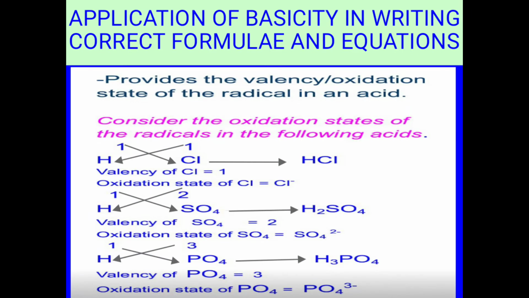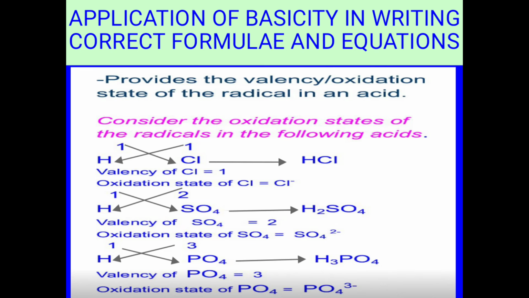Now we want to look at application of the system in writing correct formula and equations. Here basicity provides us the valency and the oxidation state of the radical in the acid.